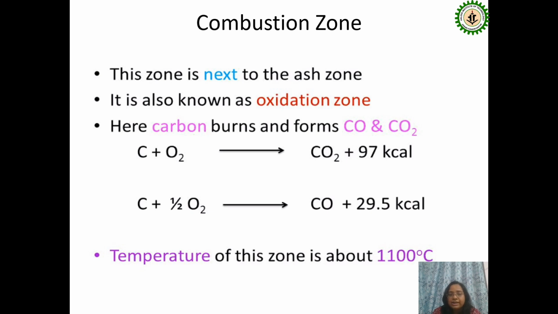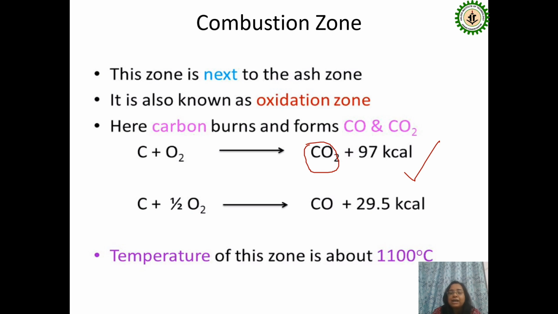The first reaction is carbon plus oxygen, and it will result in what? Carbon dioxide. And after this reaction, we will get 97 kilocalorie of heat. So basically this reaction is an exothermic type of reaction. That's why after the combustion, we will derive some amount of heat.